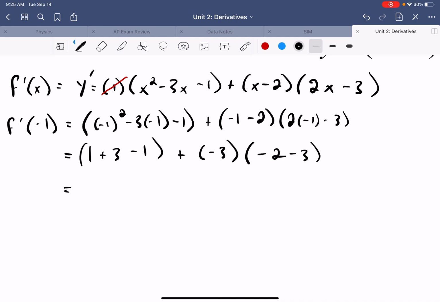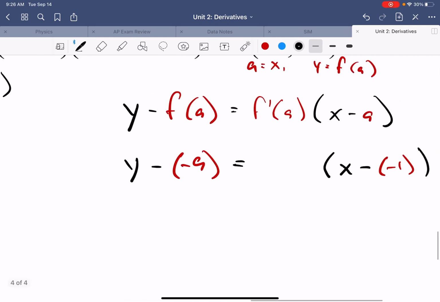So the first parentheses, the 1 and the -1 are going to cancel each other out, and we're just left with a 3, and we don't need the parentheses around that anymore. And then over on the right side of that plus sign, inside of the second parentheses, it's -2 minus 3, which is -5, and then -5 is being multiplied with -3, so that's a +15. So then it would be 3 plus 15, which is 18. And that's our f prime of -1.